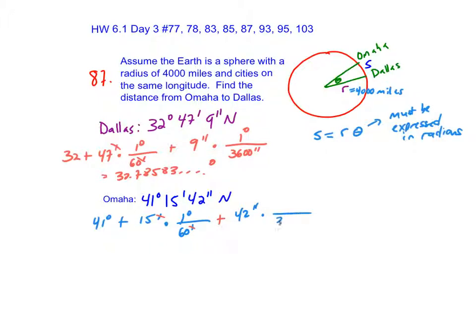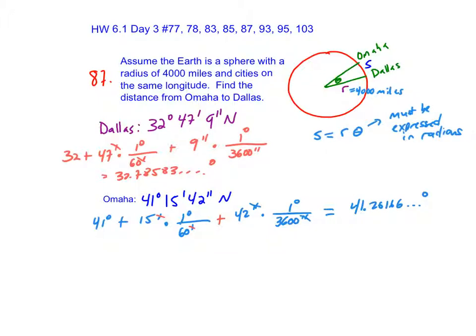So remember, there are 3,600 seconds per 1 degree. Putting the seconds in the denominator, cancel out those units. And if we add those values up, the 41 plus 15 over 60 plus 42 over 3,600, we get the latitude for Omaha in decimal format, and that turns out to be 41.26166, etc. degrees. Keep that value in your calculator.